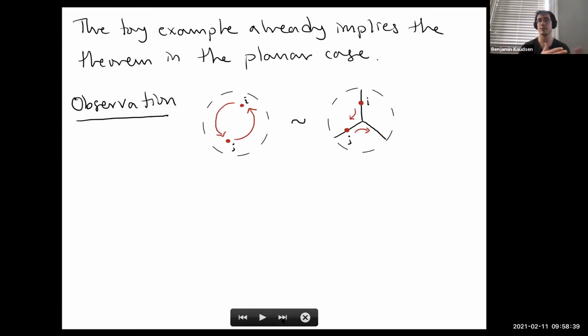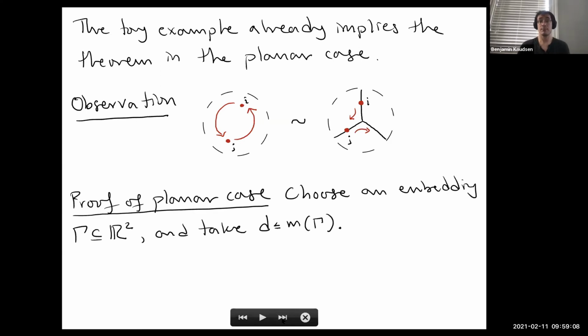There's the circle on the left, which is a pair of antipodal points rotating around each other in R2 via this embedding iota. And there's the picture on the right, which is a pair of points orbiting each other by taking turns passing through the central vertex of an embedded star graph inside of R2. And if I regard those as homology classes in the configuration space of R2, they're the same homology class.